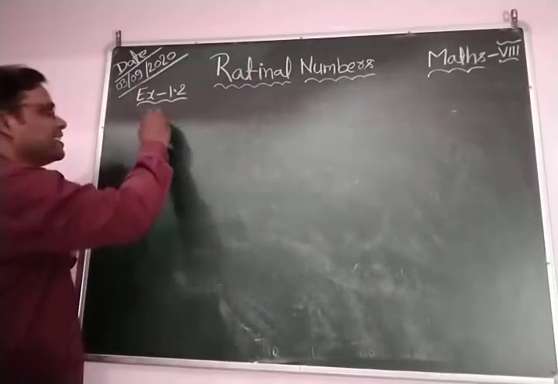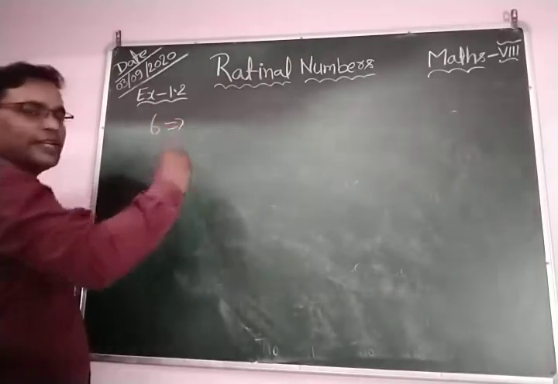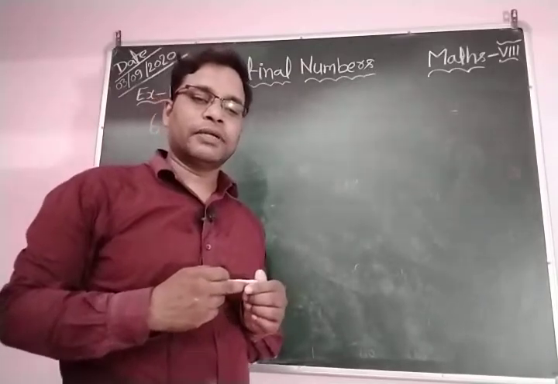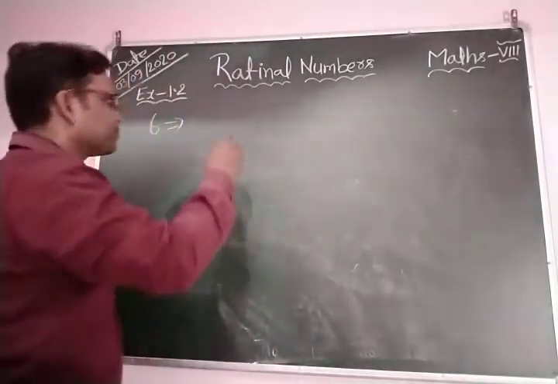This is question number 6. Okay, in question number 6 we need to find 5 rational numbers greater than minus 2.